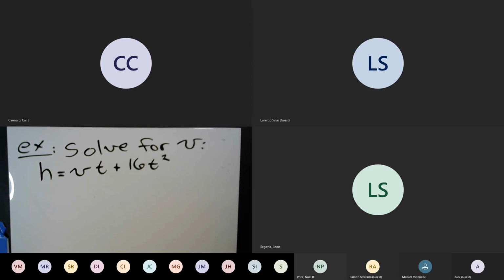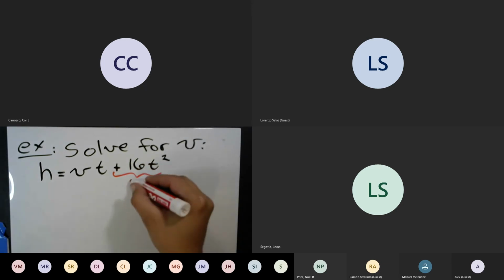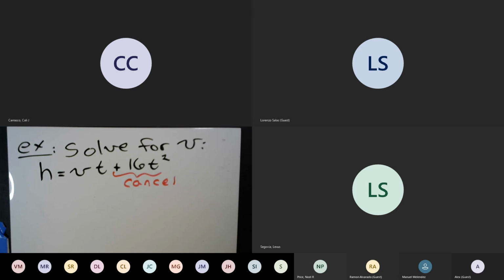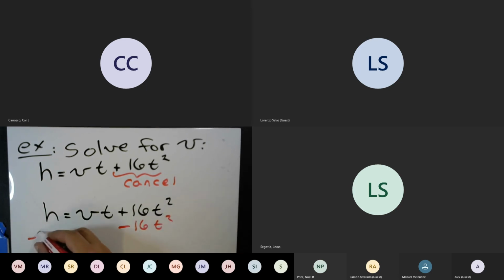To get V by itself, we have V times T, and then we have this added to this thing. So what we can do, we can cancel this entire piece. And so the way we're going to do that, we'll subtract 16T squared from both sides.